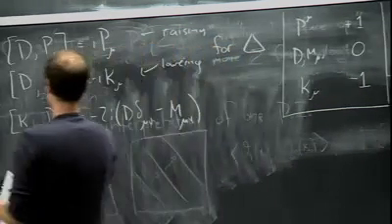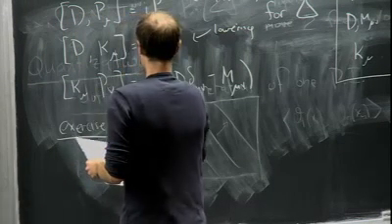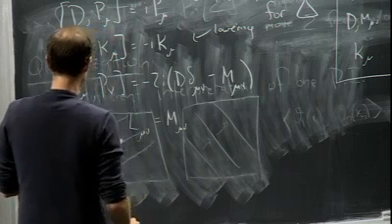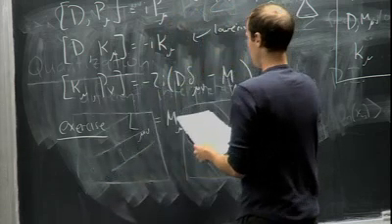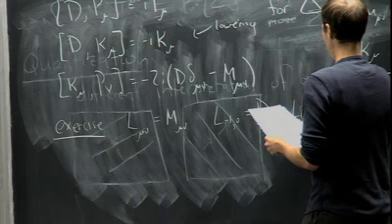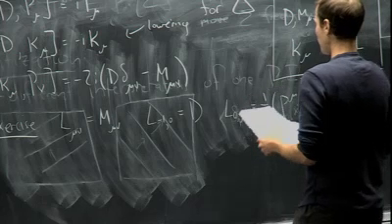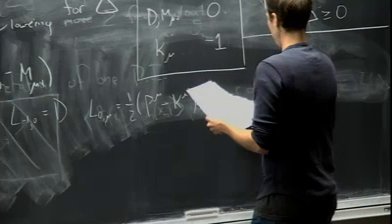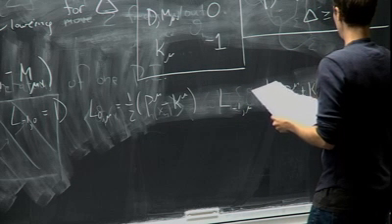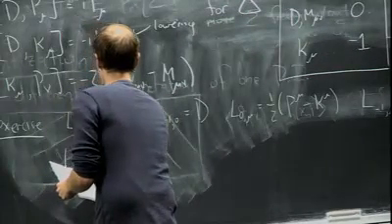Okay, so exercise. Let's define some operators L, with L_μν is M_μν, L_{-1,0} is D, L_{0μ} is 1/2 (P_μ minus K_μ), and L_{-1μ} is 1/2 (P_μ plus K_μ). And L_AB is antisymmetric.